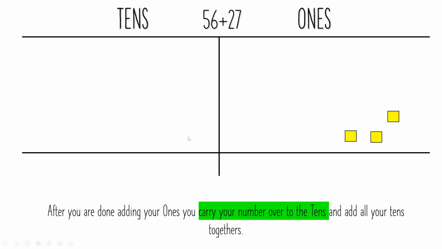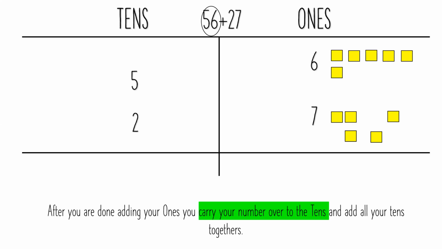Okay, our problem is 56 plus 27. So we're going to break apart our 56. We have 6 ones and 5 tens, 27, 7 ones and 2 tens. And we have some of our counters already out. All right.